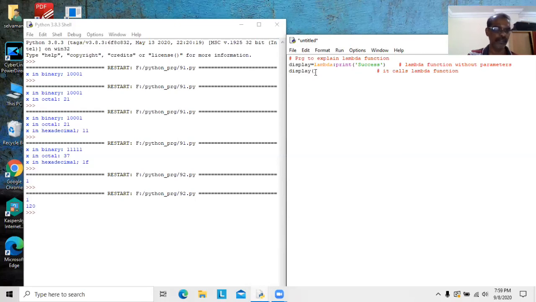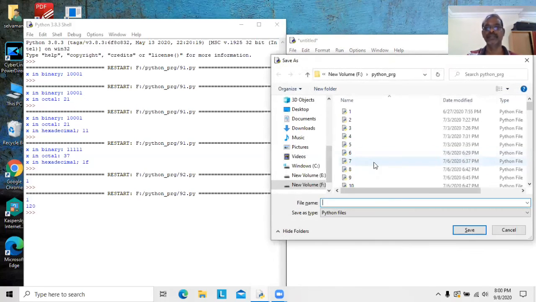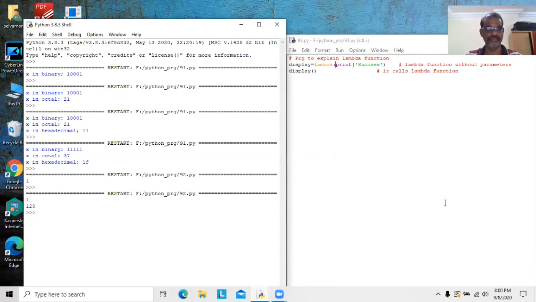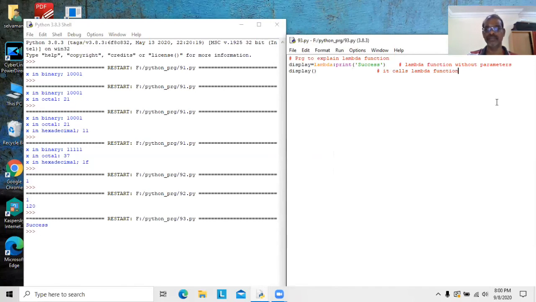This display is a function name which is assigned the expression, that is, print success will be assigned to display. We'll see it here. So success is displayed.